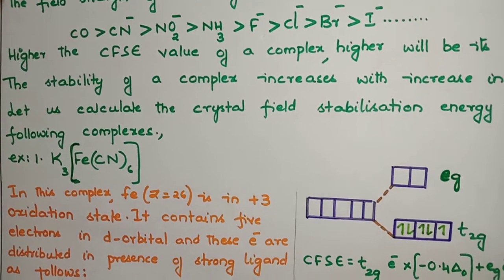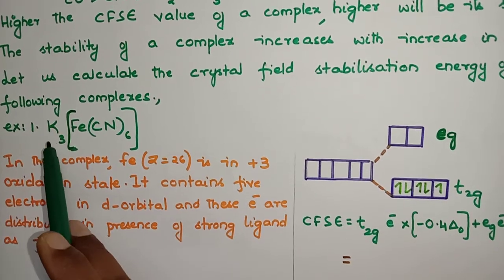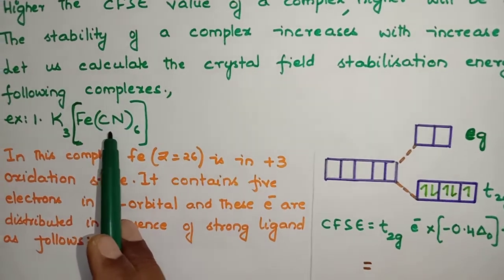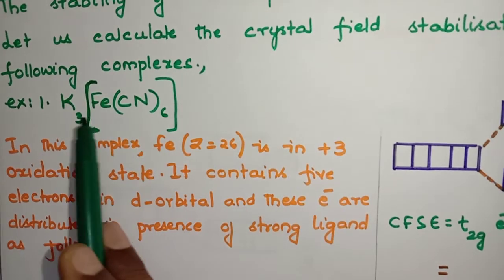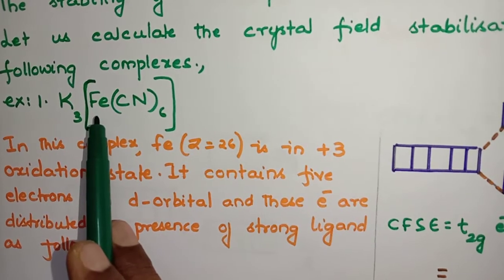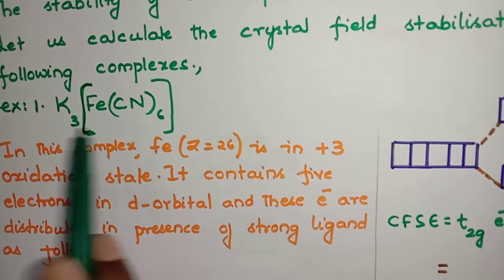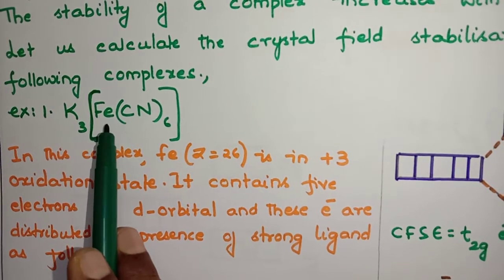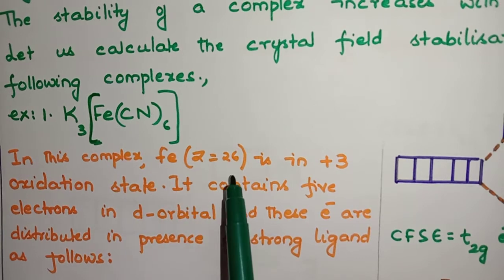The first example which I have taken is K3[Fe(CN)6]. The ligands here are CN⁻ ions, and the central metal is iron, whose atomic number is 26.